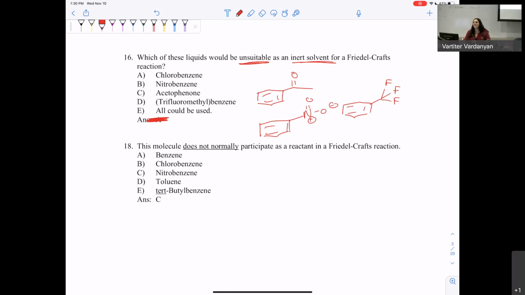The only deactivators that work for Friedel-Crafts are halogens, and all of the activators besides NH2 work.